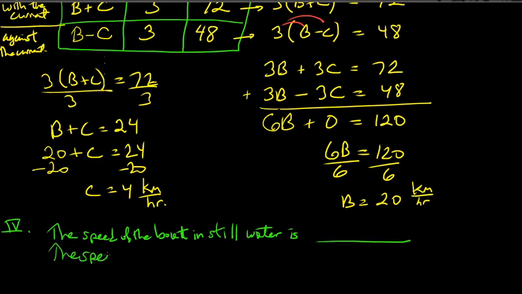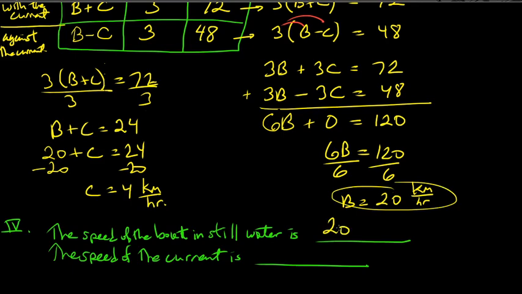And then the speed of the current is blank. So the speed of the boat is right here, 20 kilometers per hour. And then the speed of the current, 4 kilometers per hour.